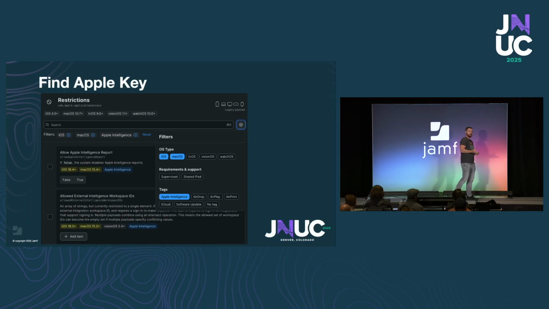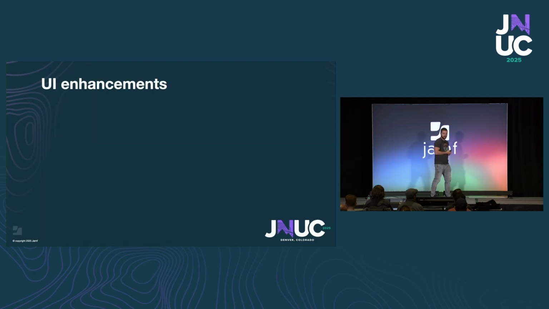So let's say your use case is that you want to restrict all of the Apple Intelligence keys for some reason. And we are adding more UI enhancements to help you work with those profiles. We are not just copying what Apple provides.